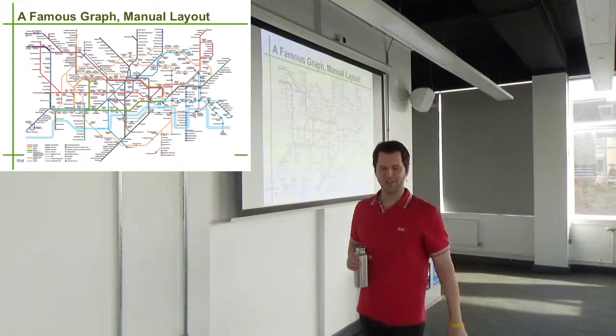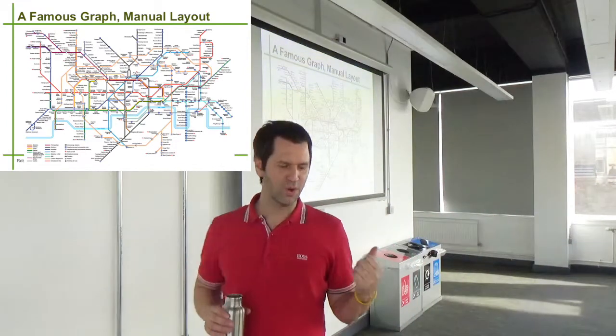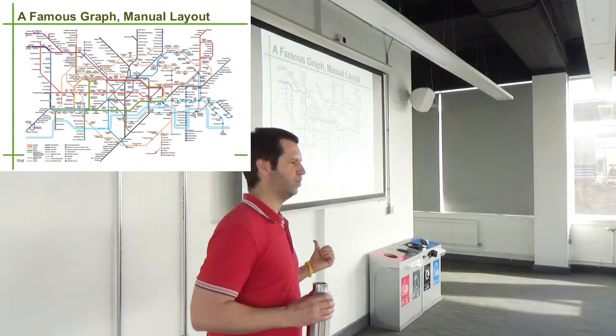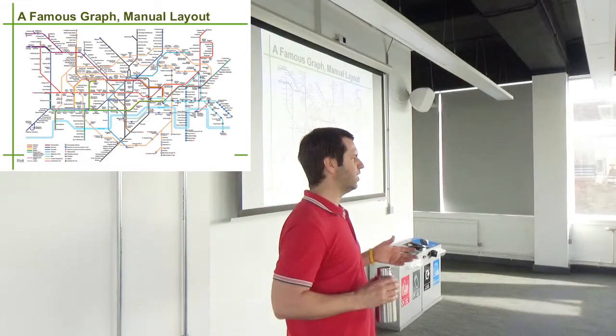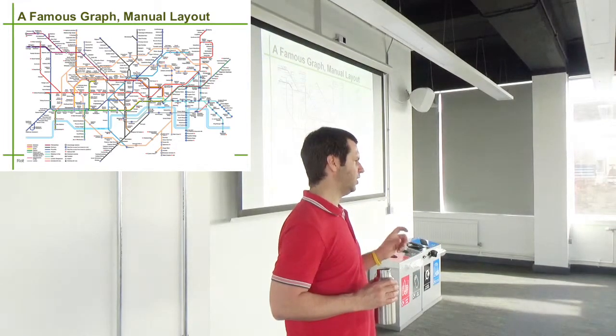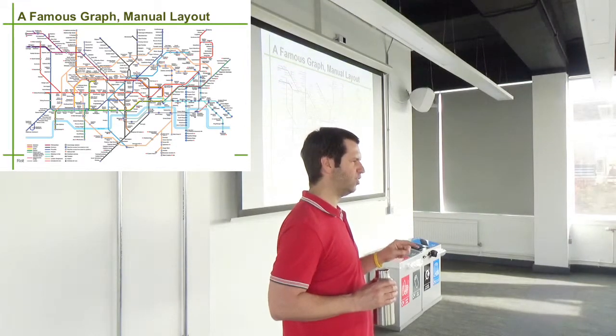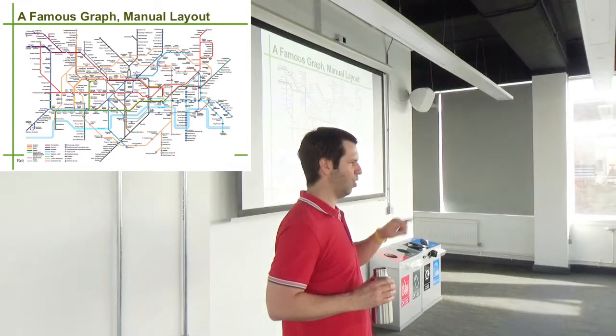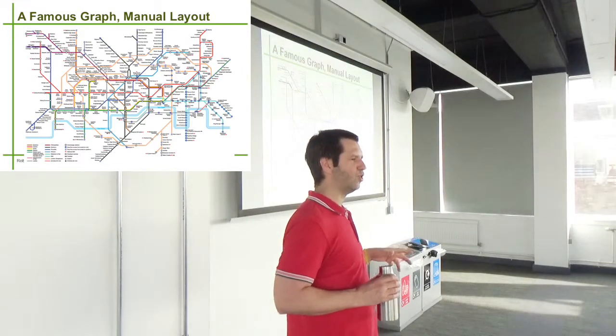Exactly, well done. So this is also called a topological map. That's what a graph is. It's a topological description of something. And what is a topology? It's the same definition of a graph. It's a set of nodes and edges, the edges that connect the nodes. That's a topology.